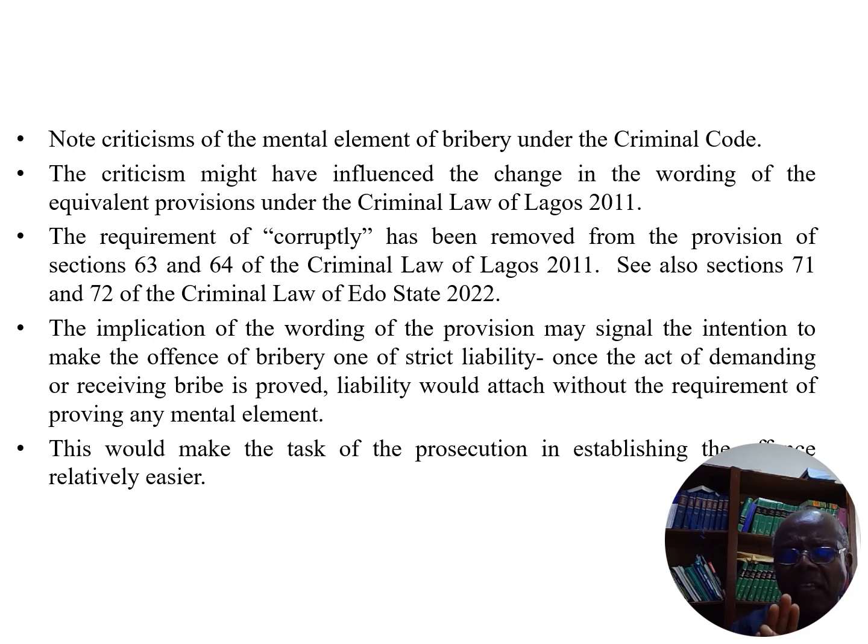So once it can be shown that the public officer has asked for, demanded, received, obtained, or attempted to obtain any property or benefit of any kind, then the offense is complete. This will make the task of the prosecution in establishing the offense relatively easier. Okay?